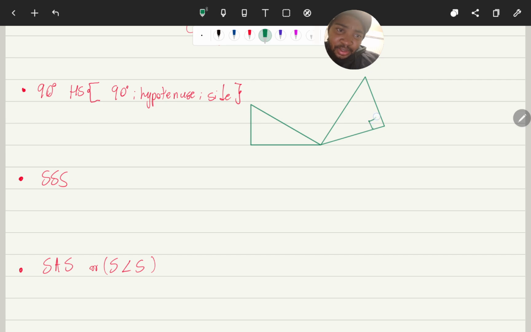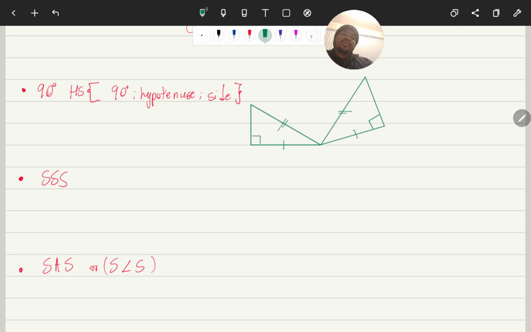This is 90 degrees, 90 degrees. Then we are told that this side and this side are equal, and also this side and this side are equal. Let me say this and that.